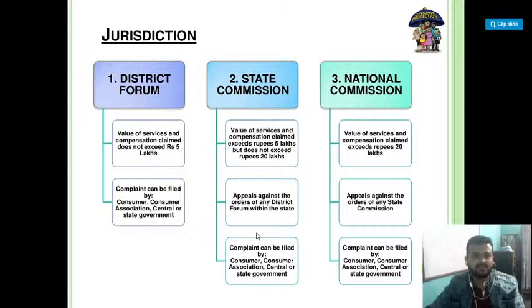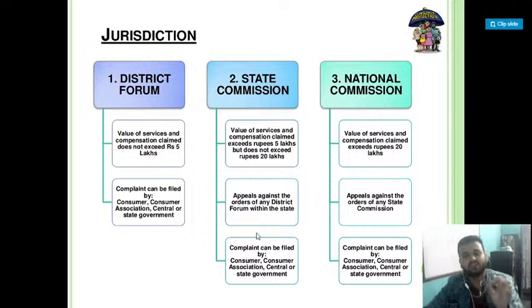Now let us see when you can go to these different forums or commissions. What are the conditions that should be fulfilled for filing a complaint with these forums? At the district forum, the value of services and compensation claim does not exceed rupees 5 lakh.